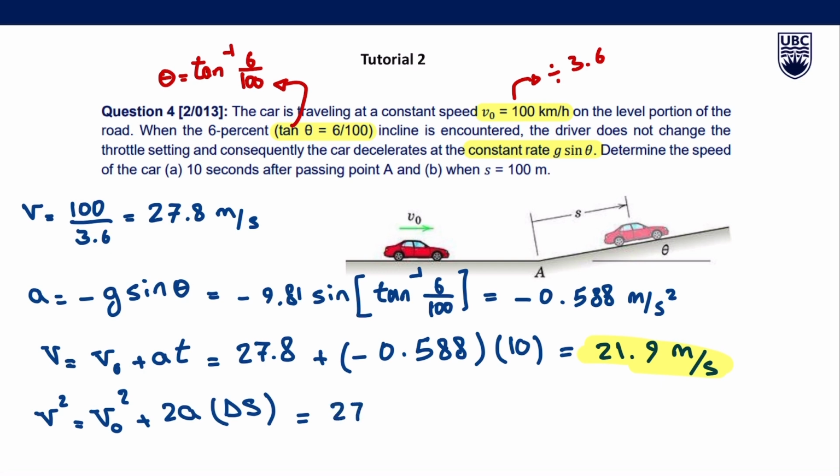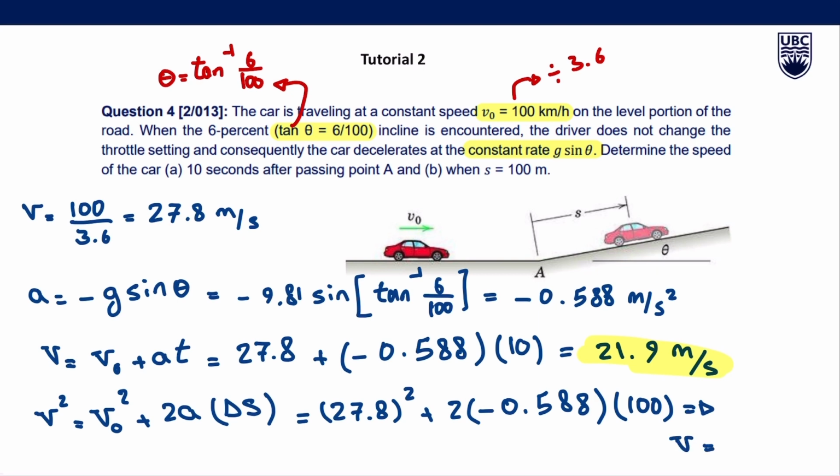Initial velocity is 27.8 squared plus 2 times acceleration, which is minus 0.588 times displacement, which is 100 meters according to the question. The final velocity is 25.6 meters per second.